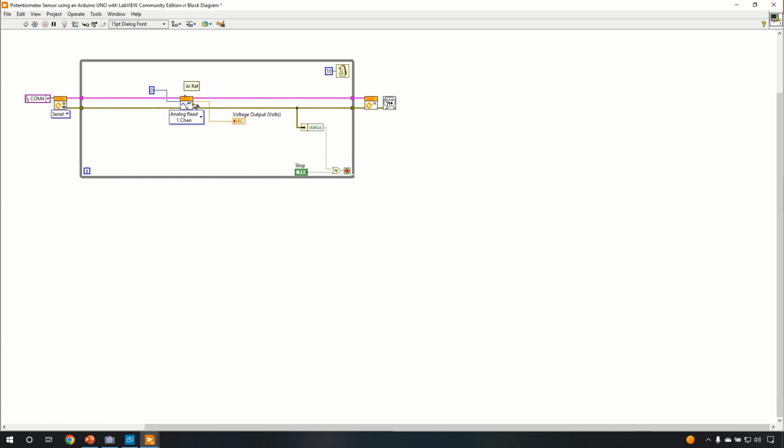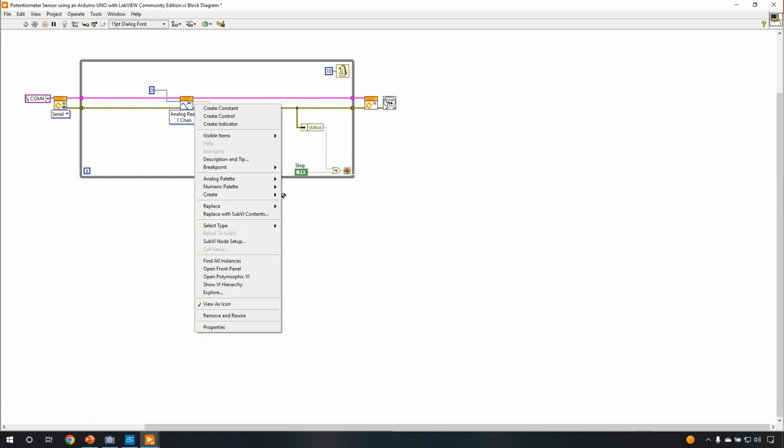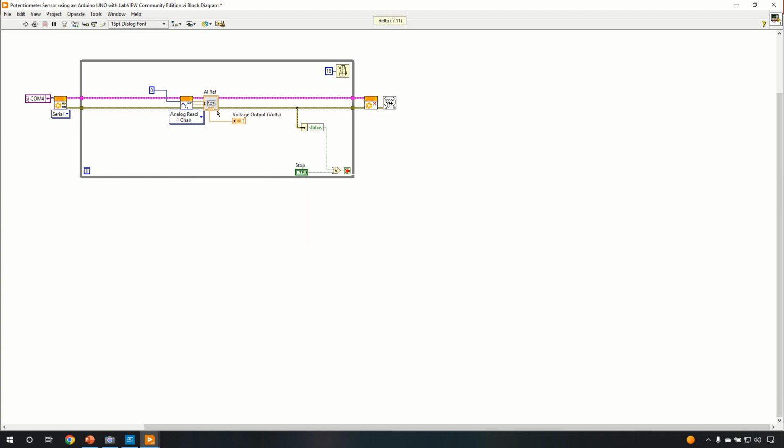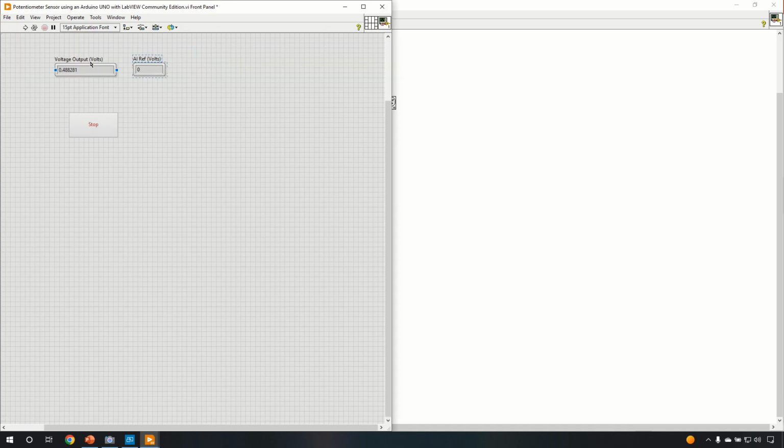Our Vs here is the reference voltage. So if I just create an indicator right here for you to be able to see it. So let us put it there. Okay, reference voltage. Let's call it analog reference in volts. I just want you to see it.